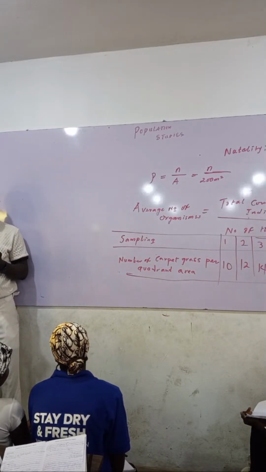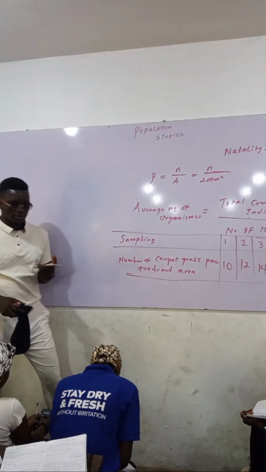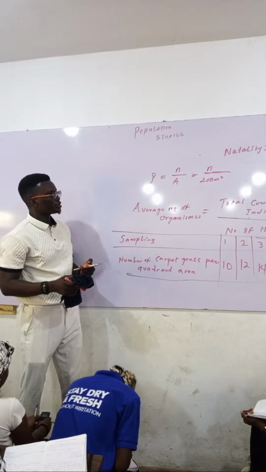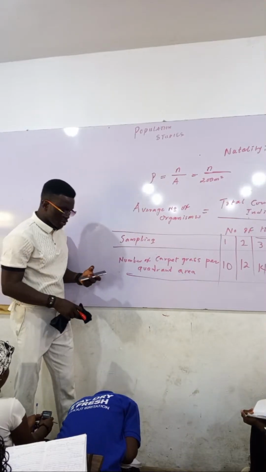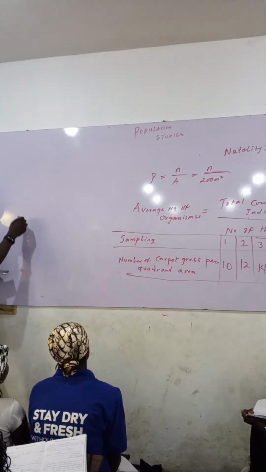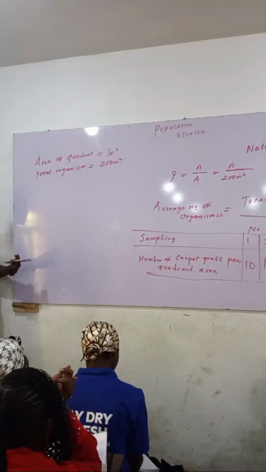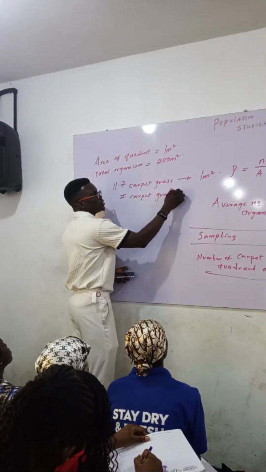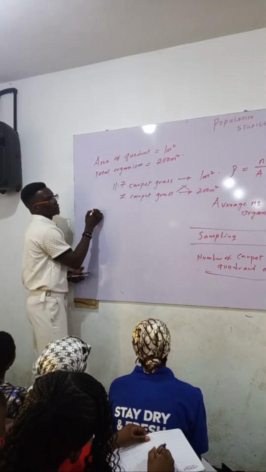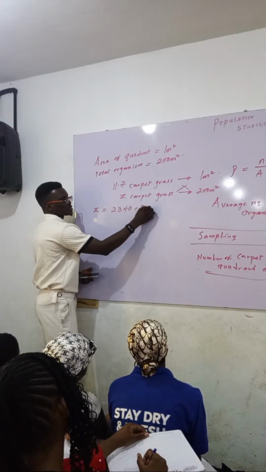Can we multiply? If the number of individuals is 117 and the area is 200, we cannot tell the number. So averagely, let me put another thing, area of quadrants. Do we have 200 meters? That means X is going to be 2,340 carpet grass.